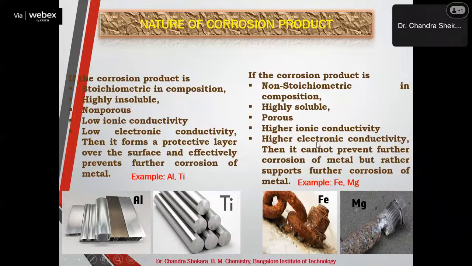Among these metals, magnesium has a very high negative potential value. It shows more tendency to undergo oxidation and corrosion. Lithium and sodium have even higher negative potential values, and hence they show a very large tendency to undergo corrosion. Lithium undergoes corrosion within a fraction of a second, in an explosive reaction.